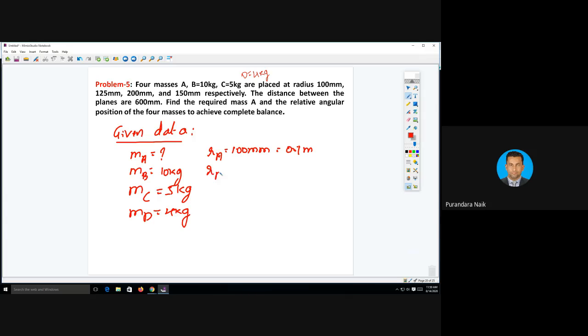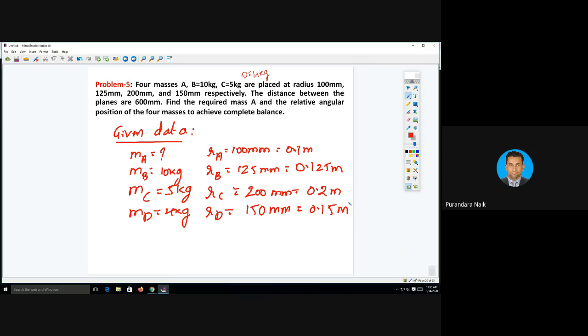Next, RB is equal to 125 millimeter is equal to 0.125 meter. RC is equal to 200 millimeter is equal to 0.2 meter. RD is equal to 150 millimeter is equal to 0.15 meter. So this is the given data.